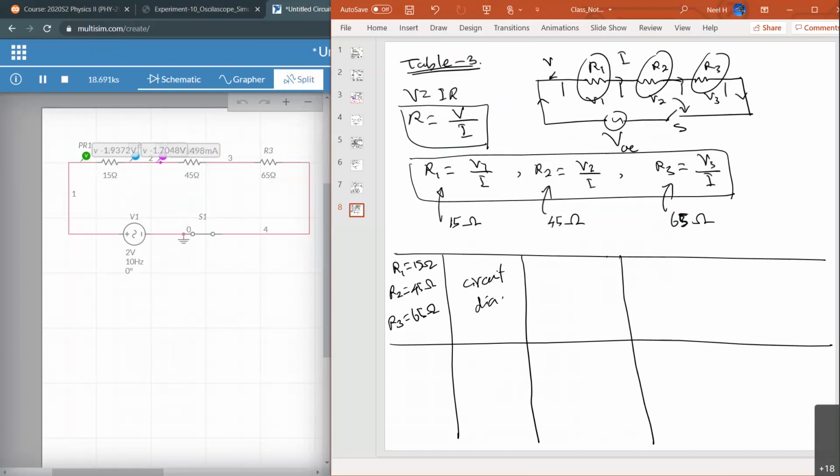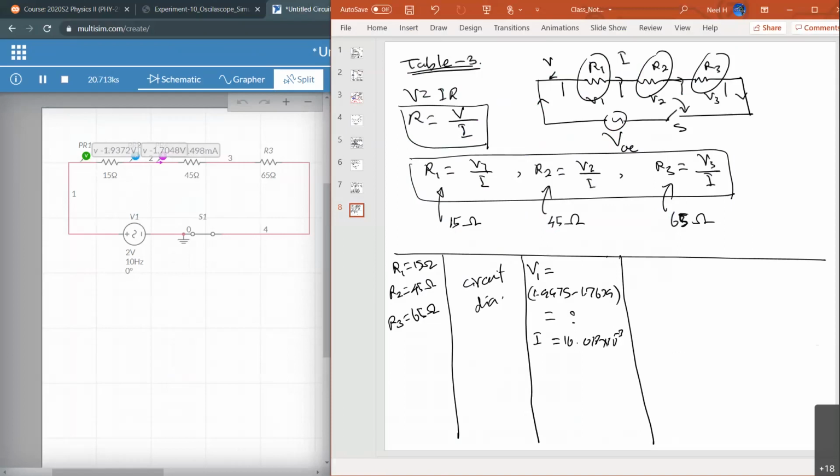Current is the same, right? So let me write it, take more space here. So the V across R number 1, V1, is actually the difference between these two voltage values: 1.9975 minus 1.7639. That's the voltage across V1. And the current passing through there is actually the same, 16.018 times 10 to the negative 3.